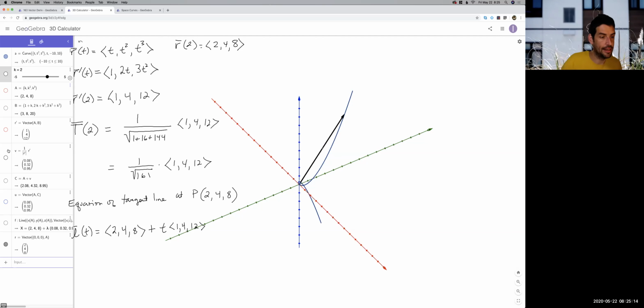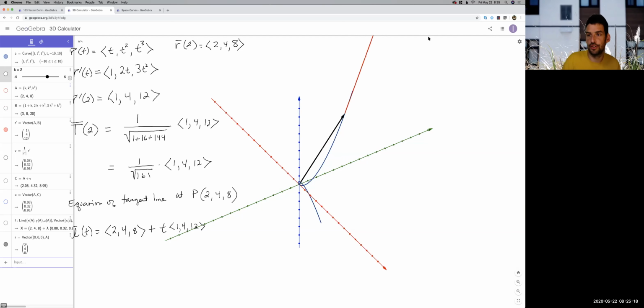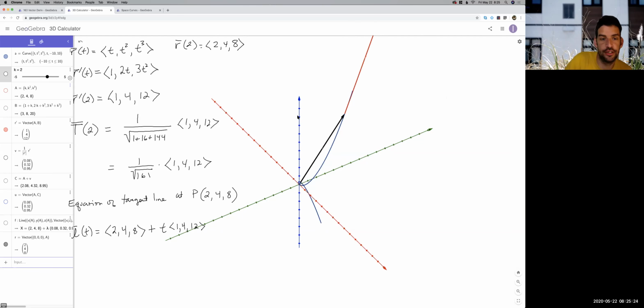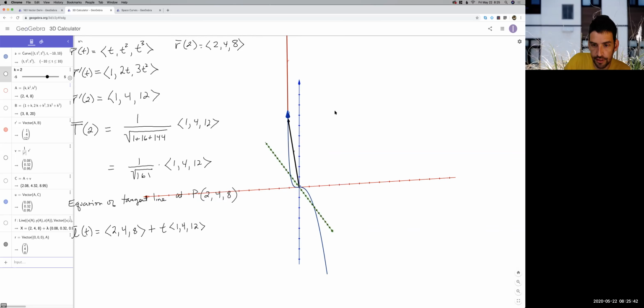Let's look at that red vector, which is too large to see, but it's pointing in this direction. That's our tangent vector, the vector we came up with, 1, 4, 12, at that point. Here is the unit tangent. It's much smaller. If I rotate around, we kind of see it sitting on top of it.